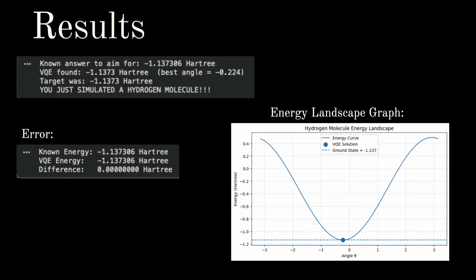In the graph, you can see the bottom of the valley is the ground state energy, which pretty much matches the known value. You can see up to 6 decimals, we had an error of 0. And our best angle was negative 0.224 degrees.